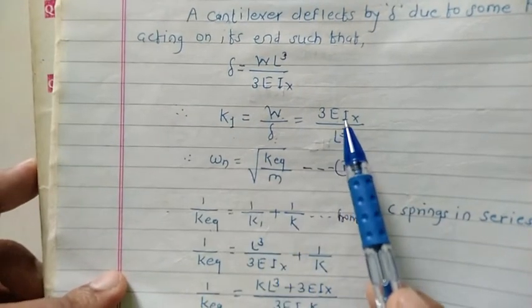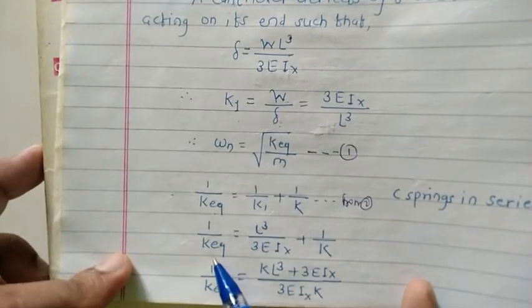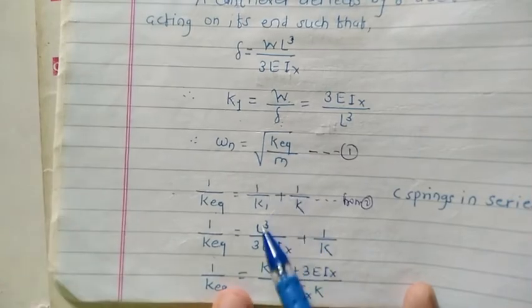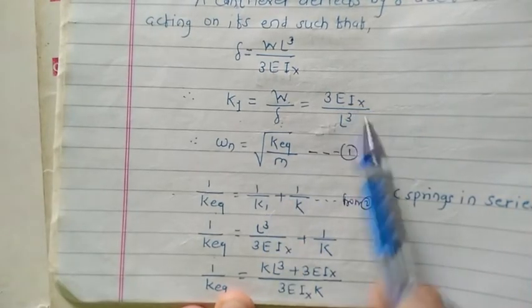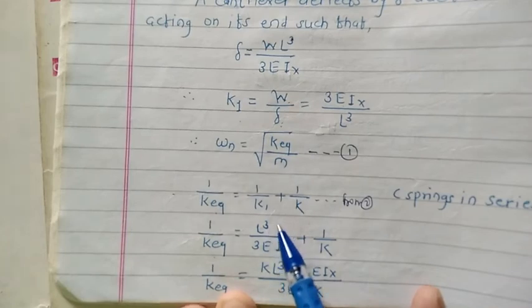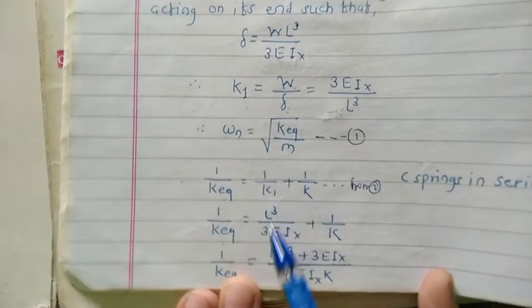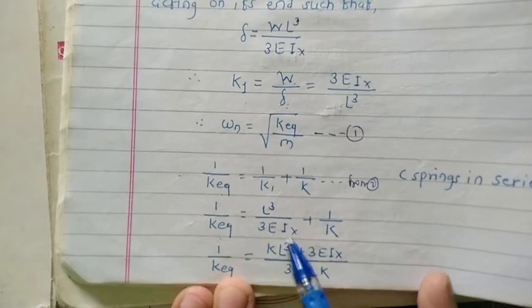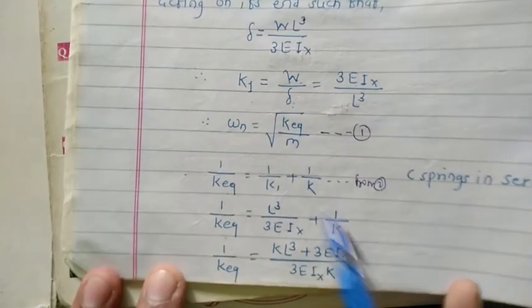We get 1 upon K equivalent equals L cube divided by 3EI plus 1 upon K, which remains as it is.